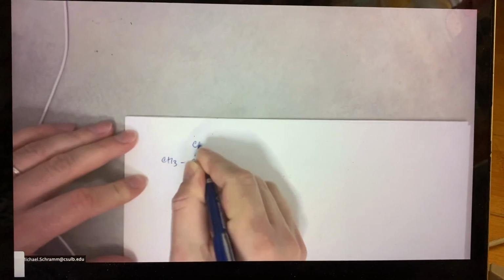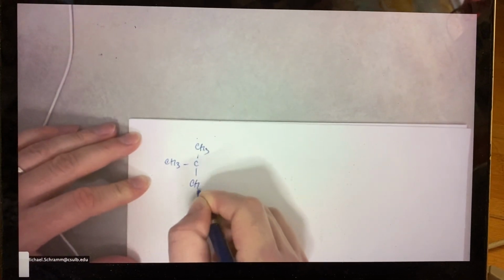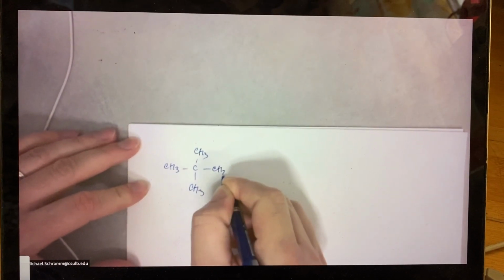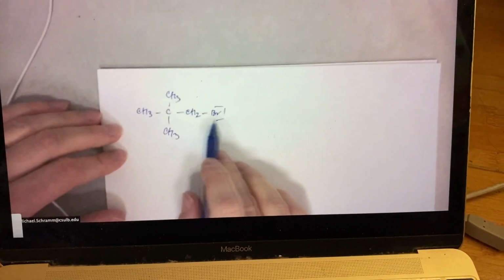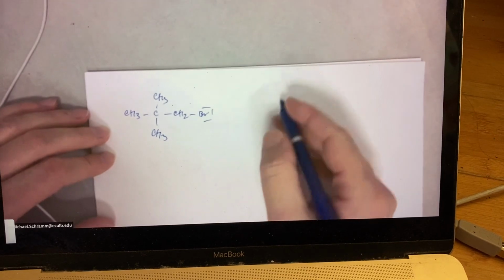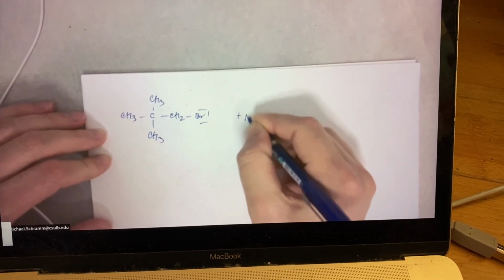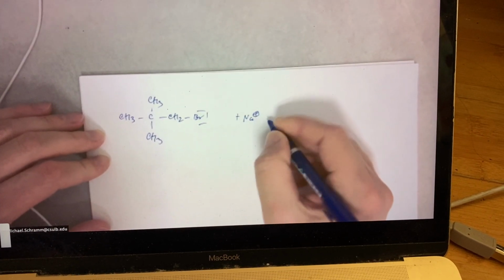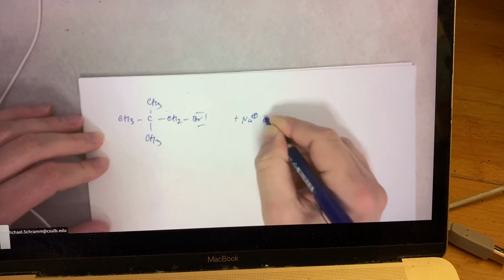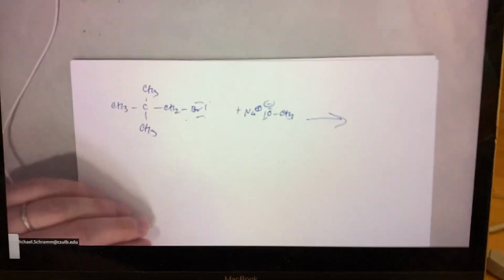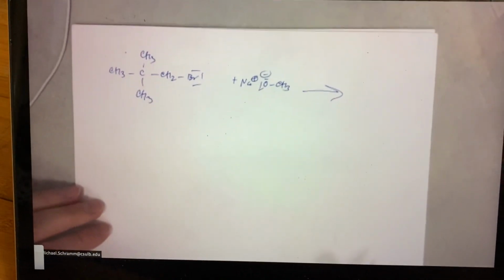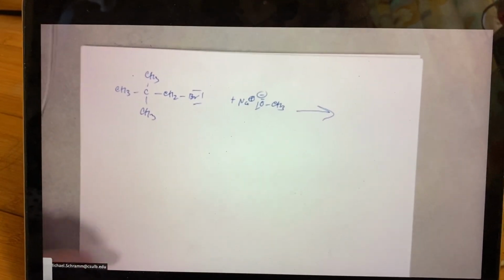We're just going to draw a substrate here. And I'll usually use bromide for the leaving group in all of these reactions. We're just going to react this with sodium methoxide. And I want you to ponder this for a minute to determine what the product of this reaction is, or if something else is afoot.